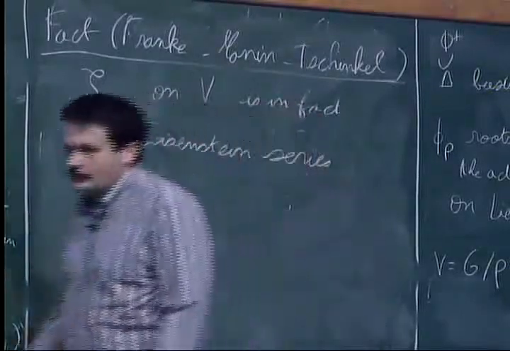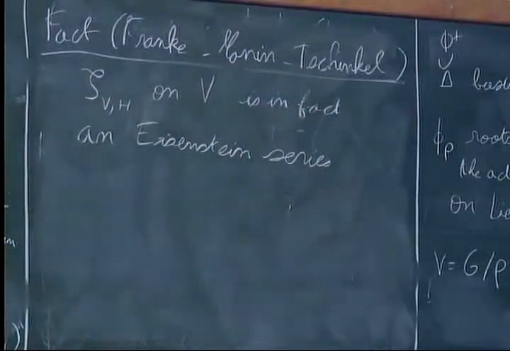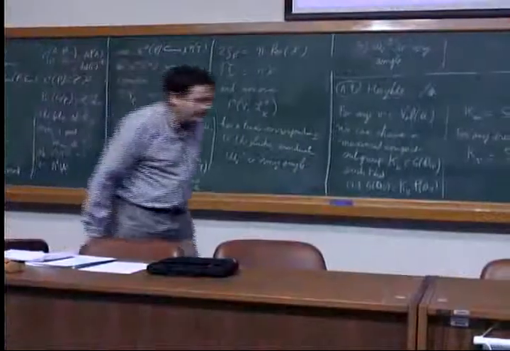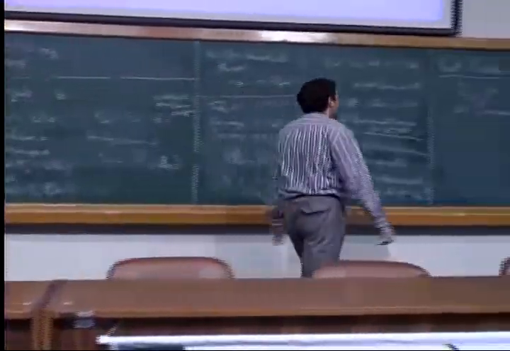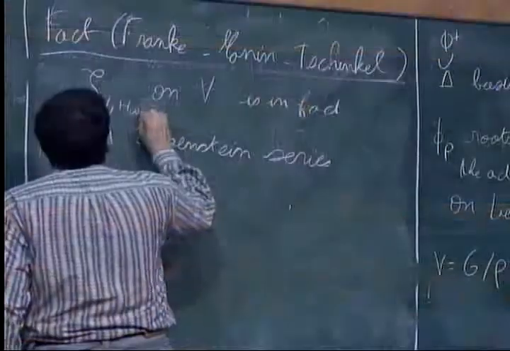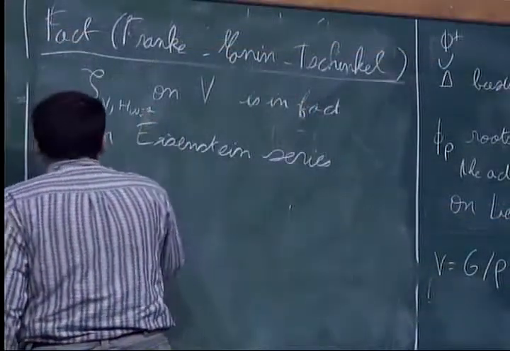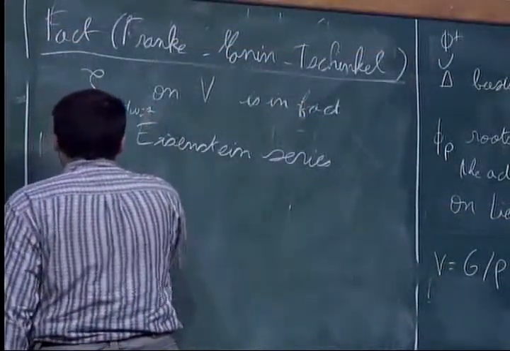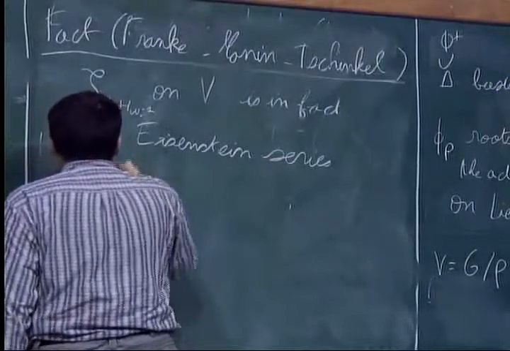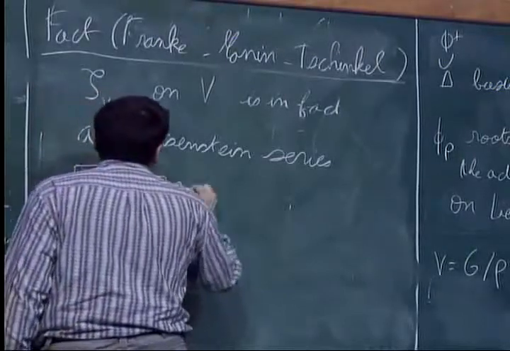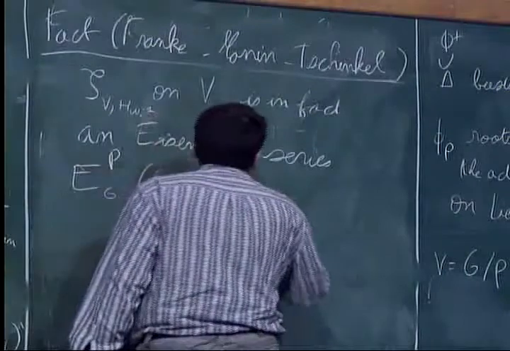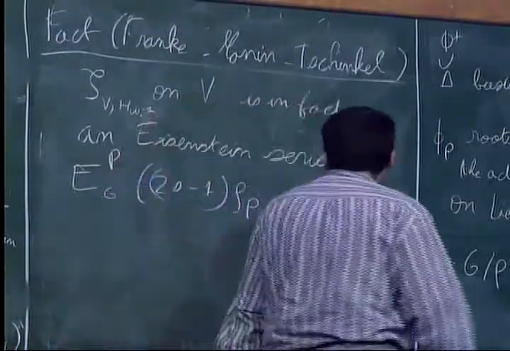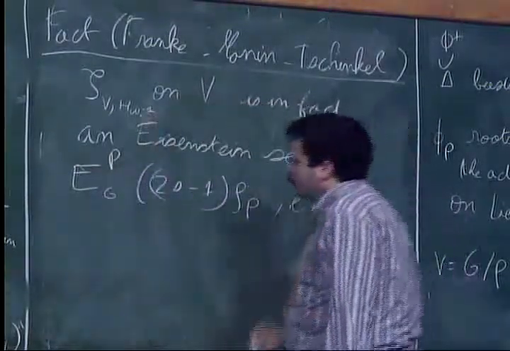To be more precise, if I take the height corresponding to the anticanonical line bundle, then I get the Eisenstein series relative to P, at 2s minus 1 of rho P, where rho P was defined before, taken at the origin.